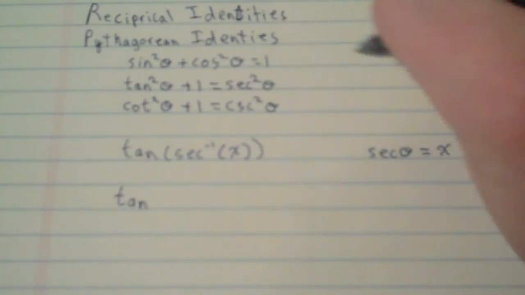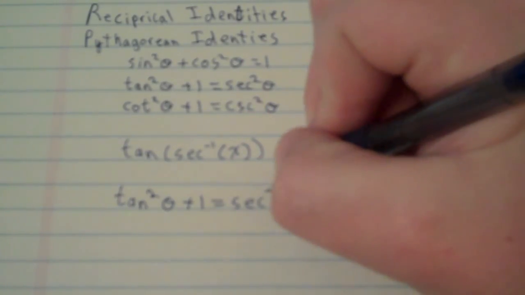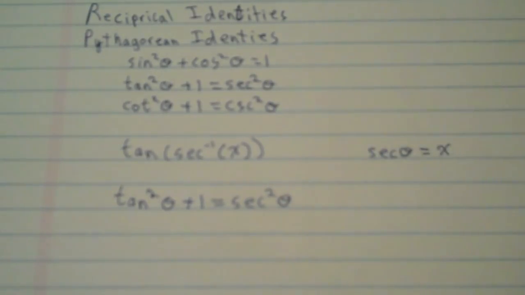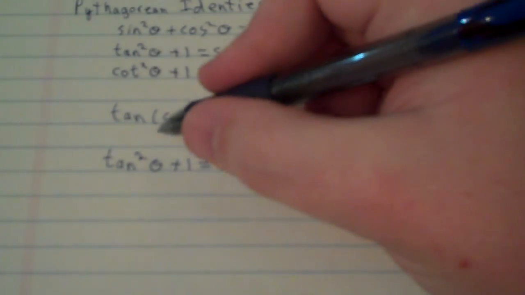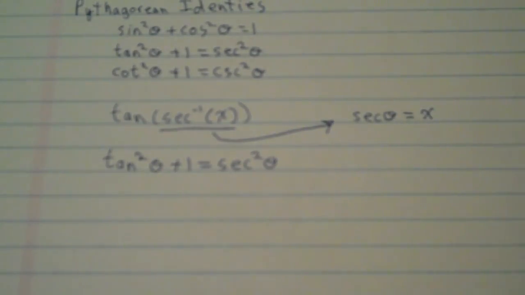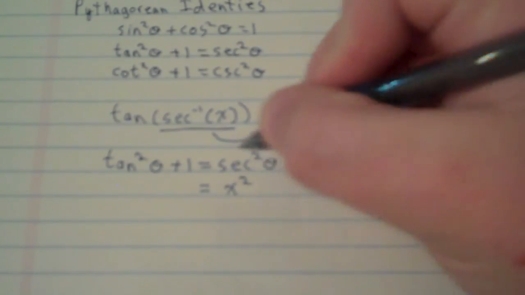Now, tangent is related to secant through the Pythagorean identity that is set up like this. Now, if we have stated that secant is x, which is what this statement here means, then we can just plug in x here. So now that equals x squared plus 1 tangent squared theta.